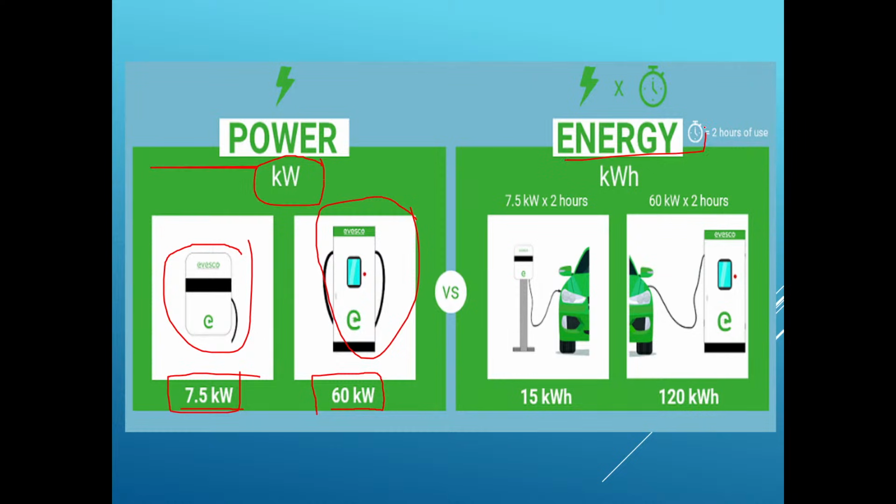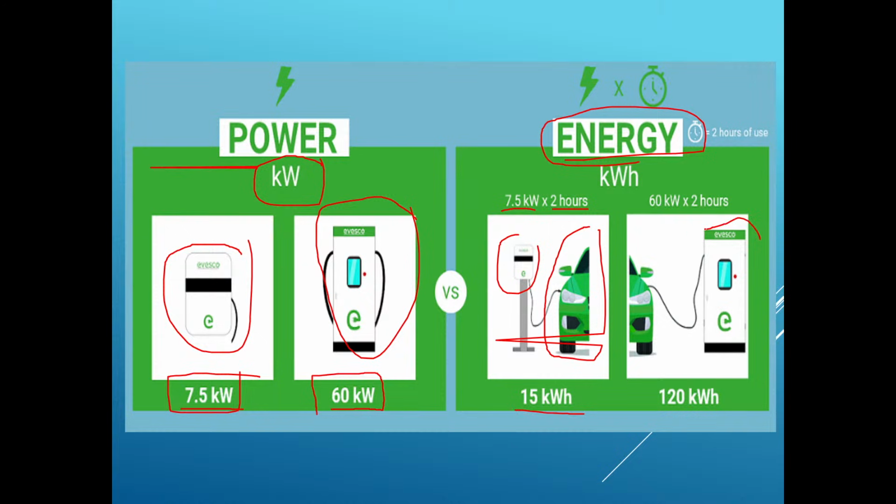So how much energy consumption here? This charger is charging a car for 2 hours. Its rating is 7.5, so 7.5 into 2, you will get 15 kilowatt hour.